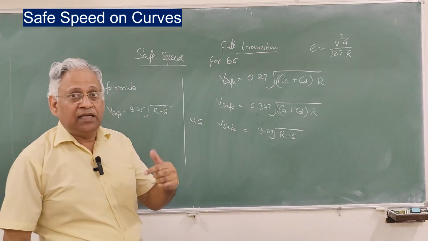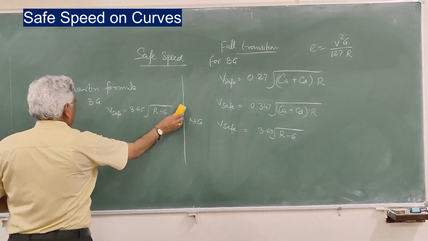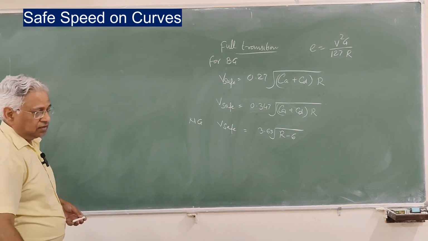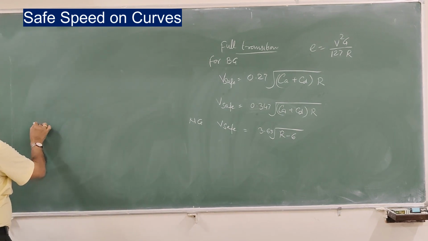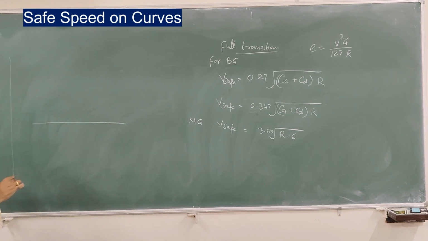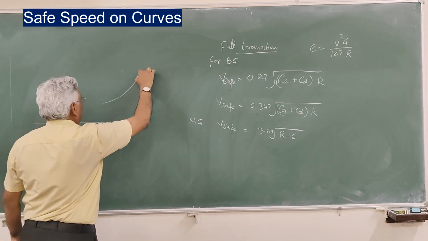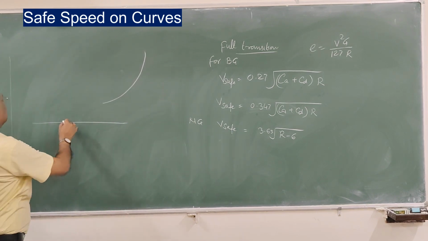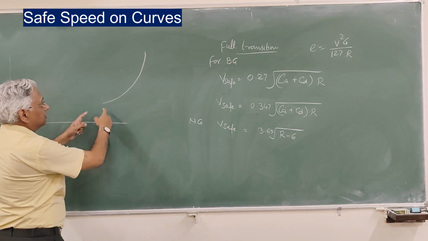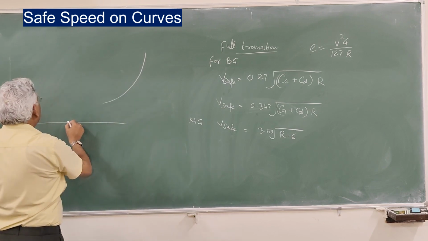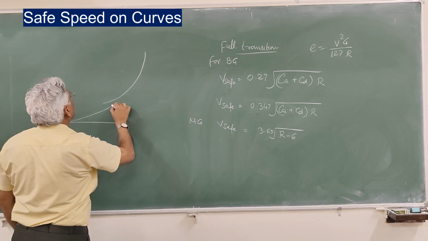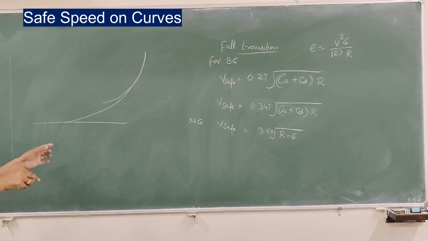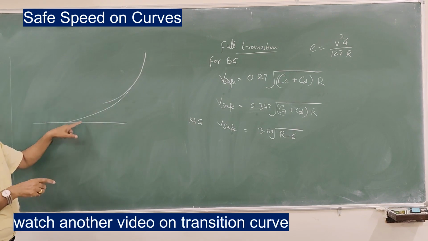You can refer to my next session on transition curve, but for completion of this session, I'll just indicate that when there is a tangent track and a circular curve of radius R, we provide a transition between these two so that there is a smooth entry from tangent to the circular arc. This is called the transition curve.